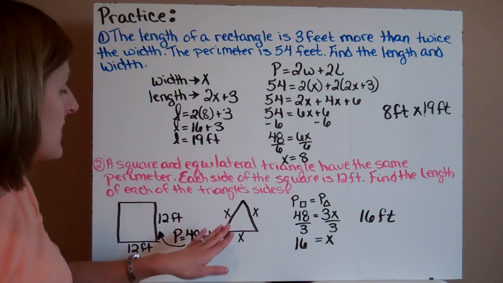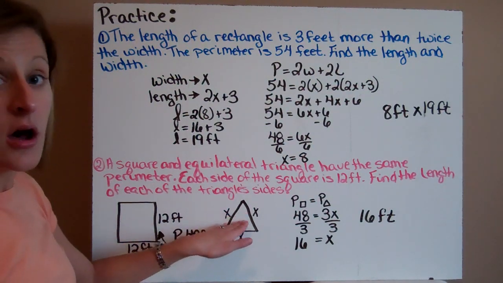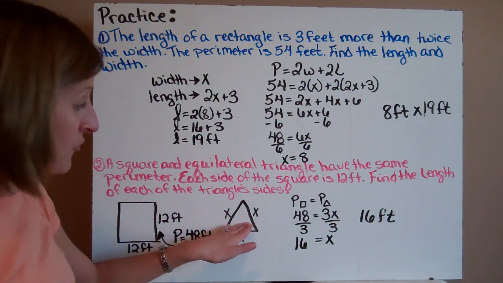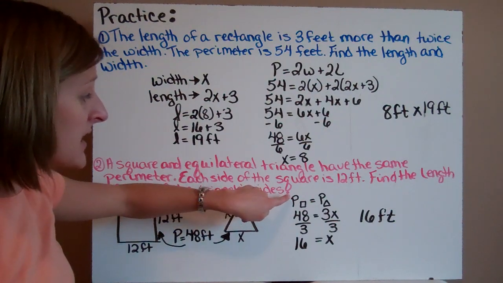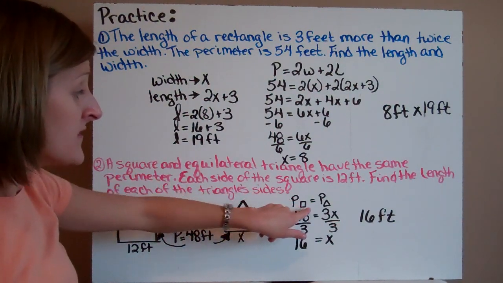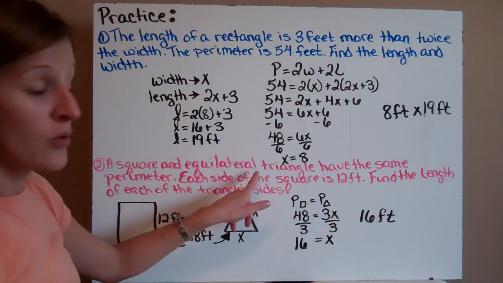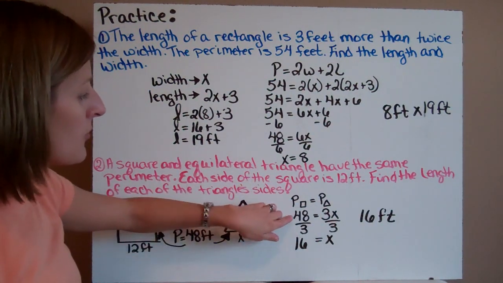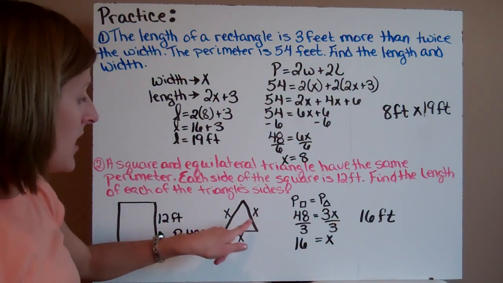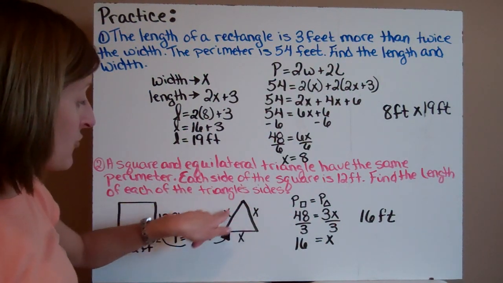Now this problem is telling us that this triangle also has the same perimeter of 48 feet. So the perimeter of the square equals the perimeter of the triangle according to my problem. My perimeter of my square is 48, and then the triangle, I have 3 sides.